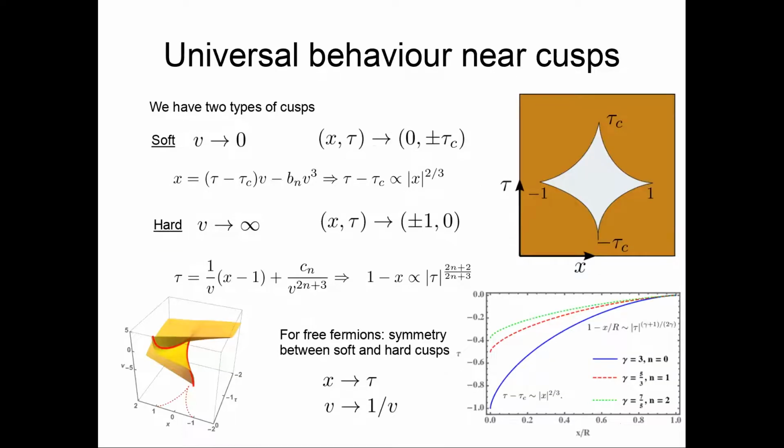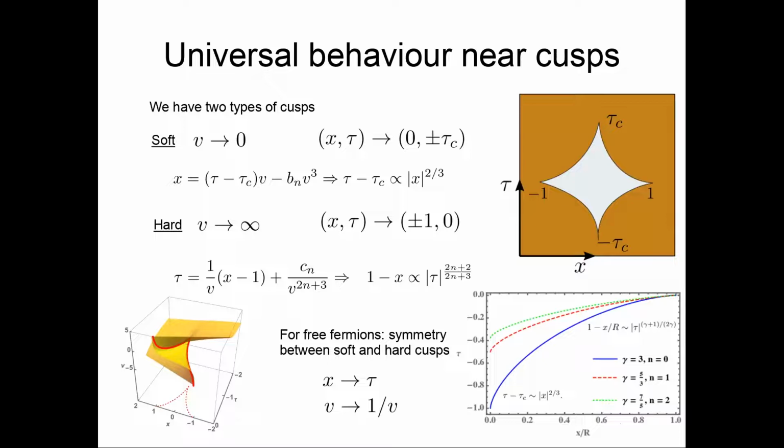So there are two types of cusps. One cusp, as I said, is a standard cusp here, where the two regions which are full of particles meet at some imaginary time tau.